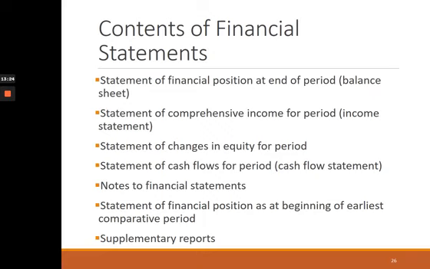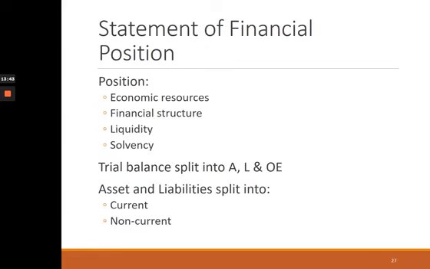The statement of changes in equity for a period. The statement of cash flows for a period, not covered by IAS 1. Notes to the financial statements, the statement of financial position as at the beginning of the earliest comparative period, and then any supplementary reports. So let's deal with the first statement, your statement of financial position.